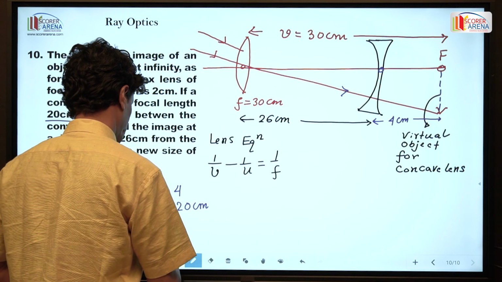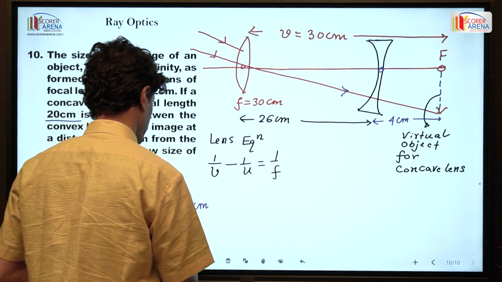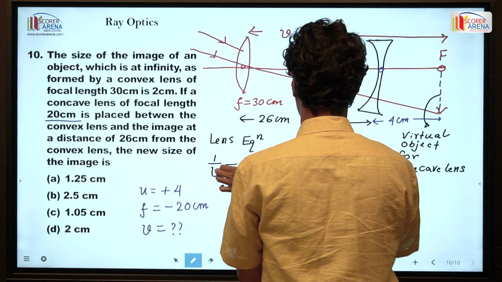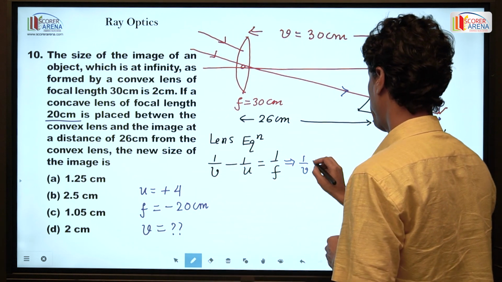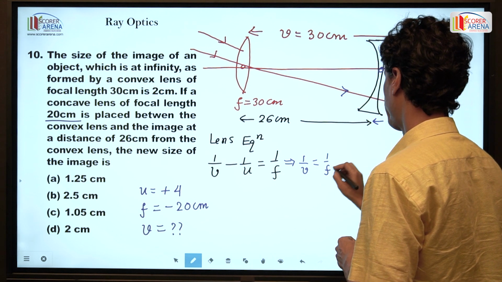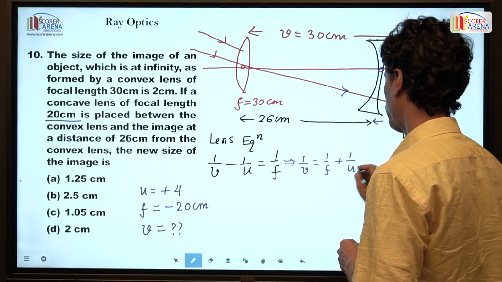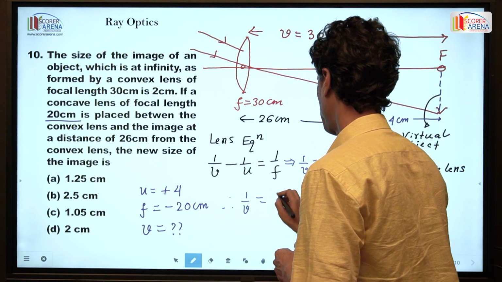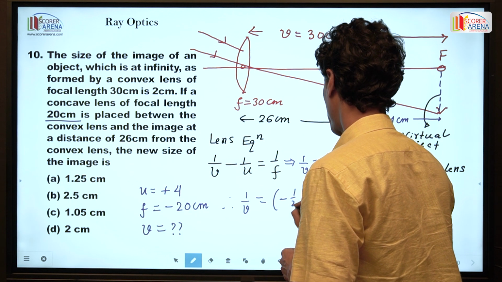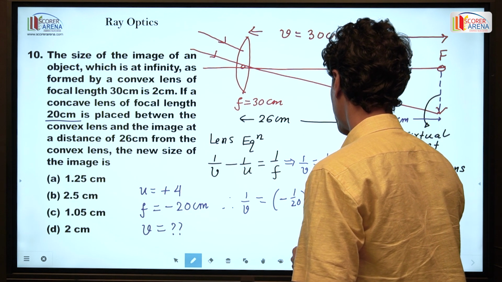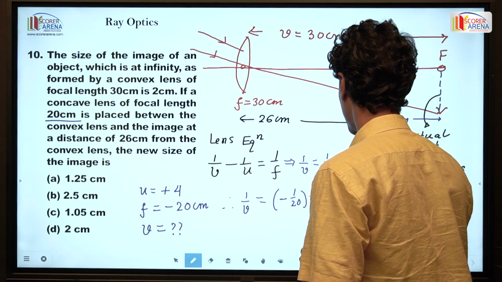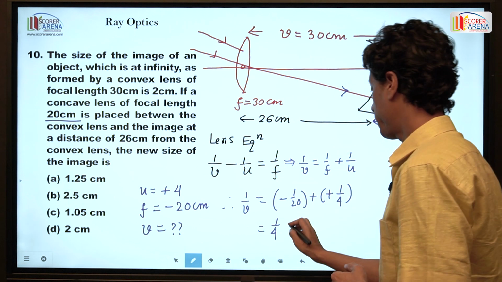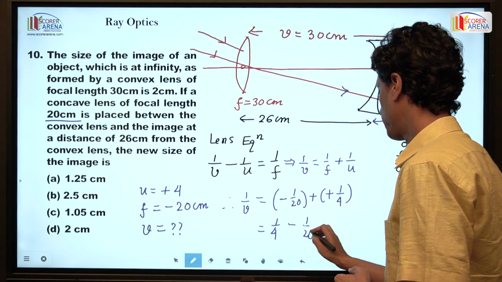So 1 by V is equal to 1 by F plus 1 by U. Therefore 1 by V is minus 1 by 20 plus 1 by 4, and it is 1 by 4 minus 1 by 20.